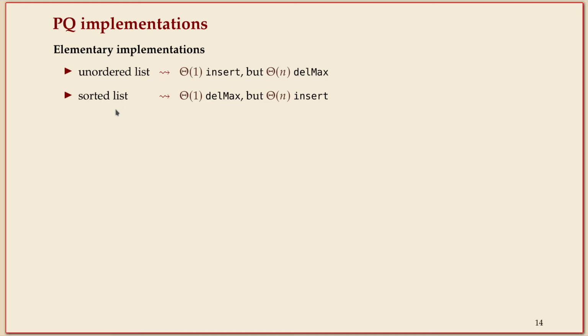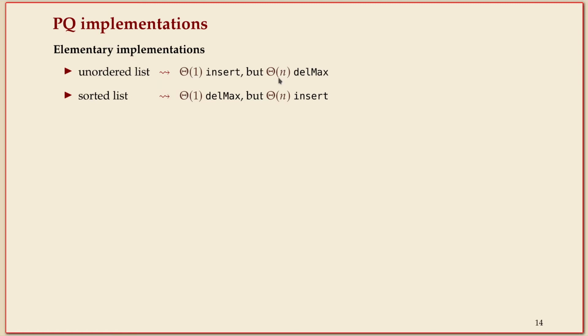You can either have the elements in some random order, maybe just in insertion order. Then insert is really cheap. You could, for example, use a resizable array from last week, or a linked list would also do. But if you want to find the maximum, there's nothing to speed up that process. So you have to go through all the elements and find the maximum.